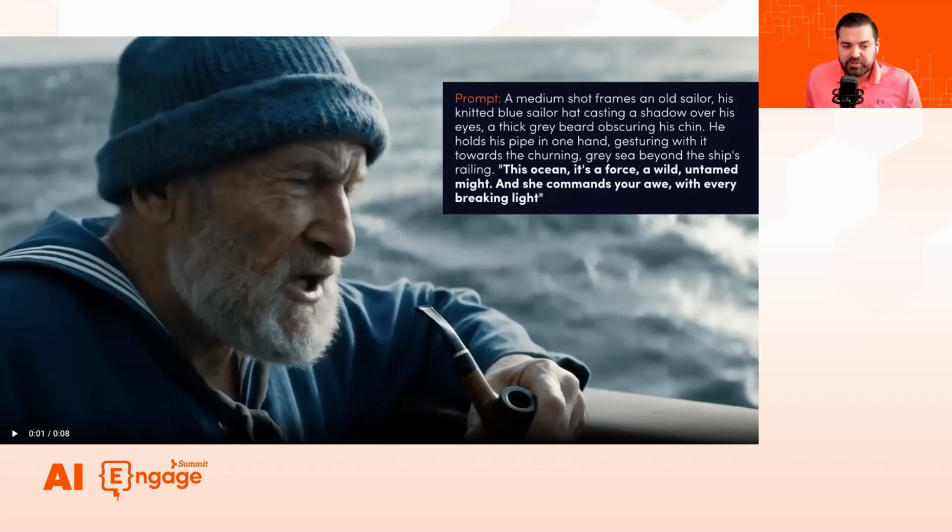And this is the prompt used to generate this one, where it says a medium shot frames an old sailor, his knitted blue sailor hat casting a shadow over his eyes, a thick gray beard obscuring his chin. He holds his pipe in one hand, gesturing with it towards the churning gray sea beyond the ship's railing.